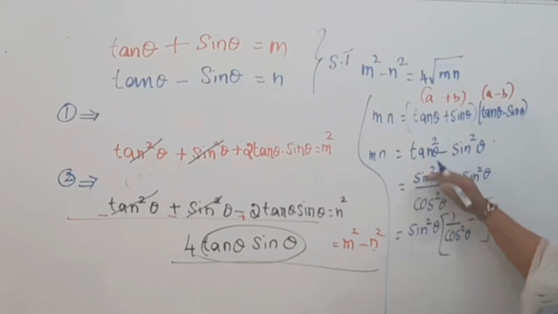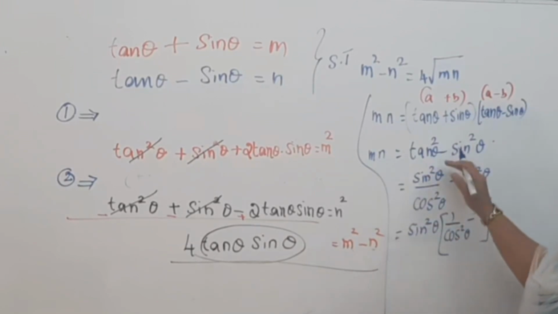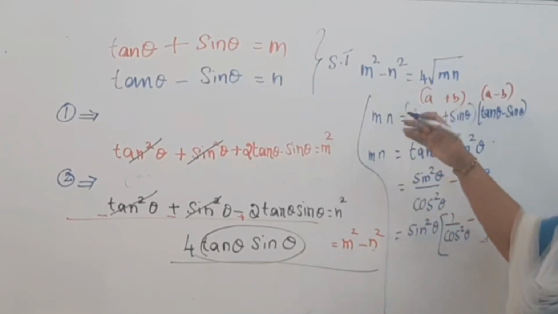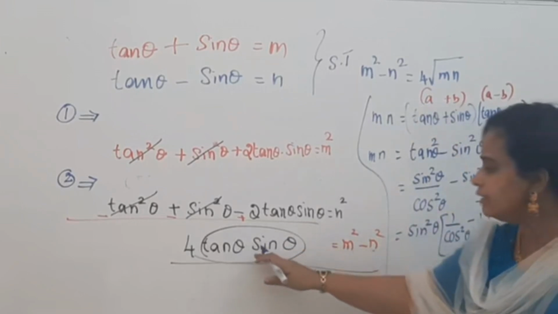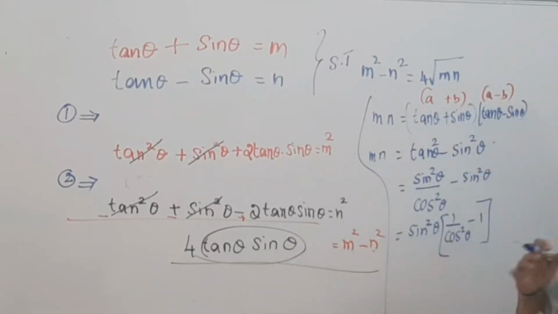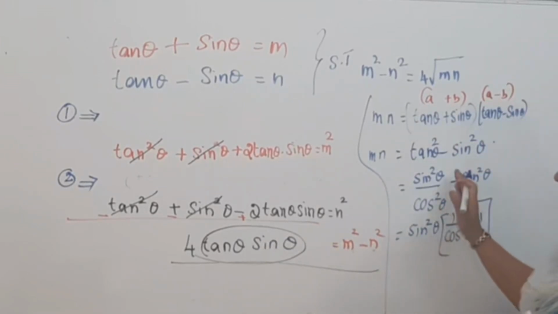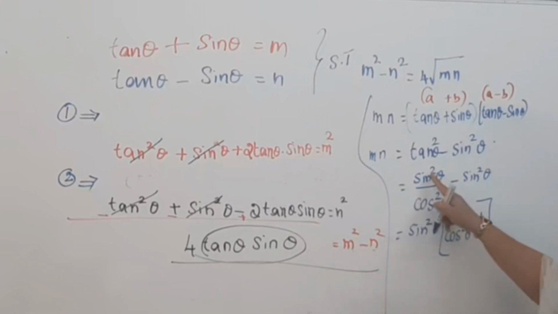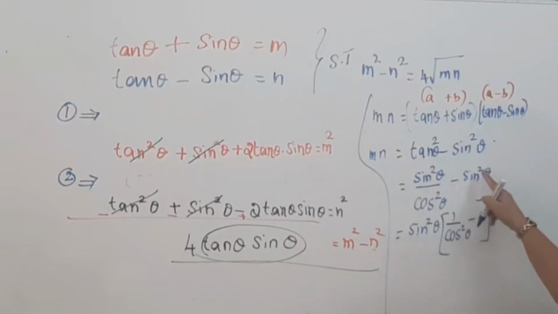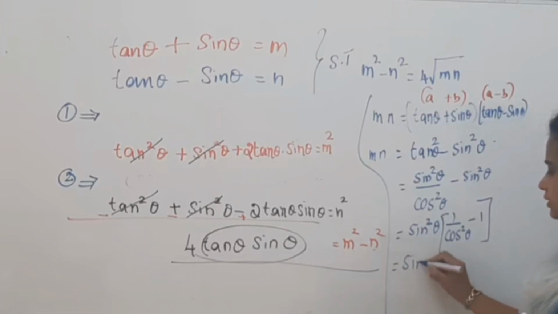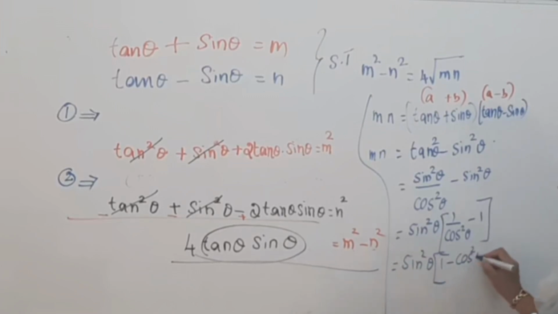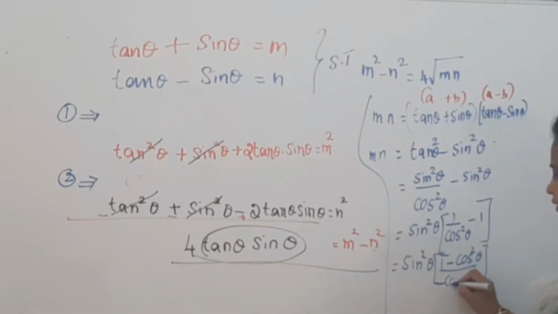So here you have to think a little bit. Why? Because this is all given in sine and tan. So I have taken out sine square theta. So 1 by cos square theta minus, this is taken out, so it becomes 1. Now taking the LCM, that is sine square theta into 1 minus cos square theta divided by cos square theta.